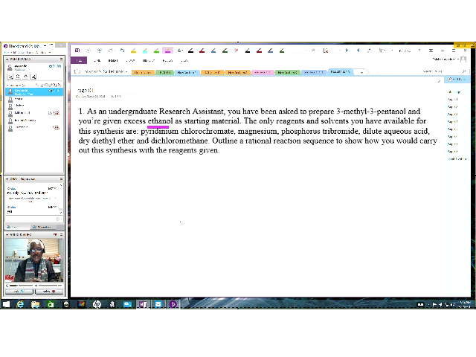In other words, your only source of carbon in this reaction is ethanol. That's what they are telling you. So we have ethanol as the only source of carbon atoms in this synthesis problem.